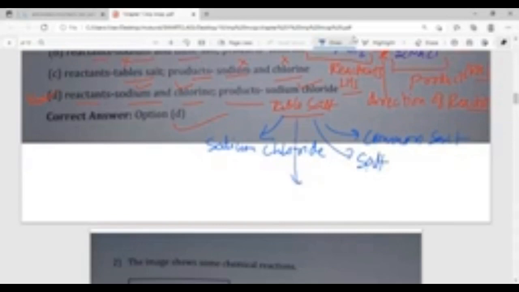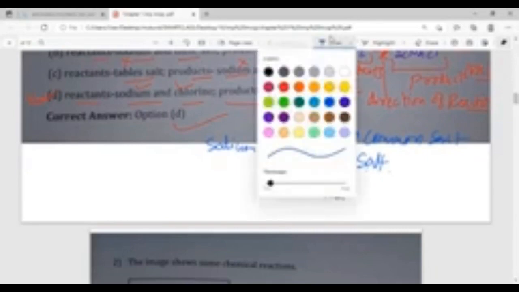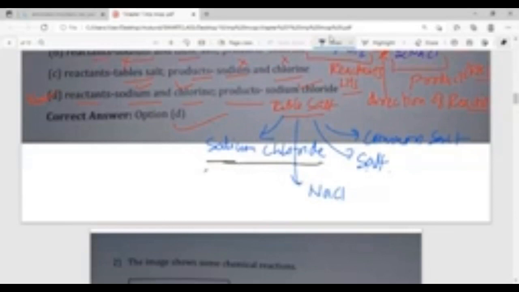And its chemical formula is NaCl. So my dear students, when we look at this, sodium chloride is the chemical name. This NaCl is the chemical formula for table salt or common salt or salt.